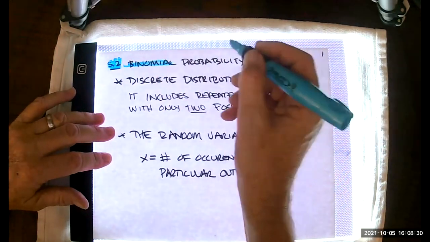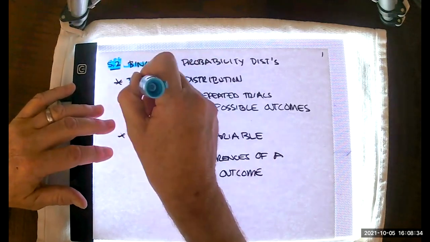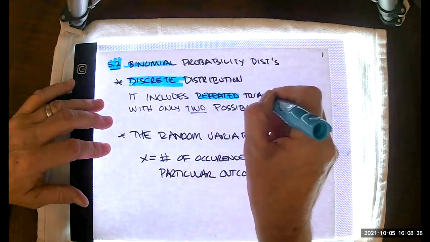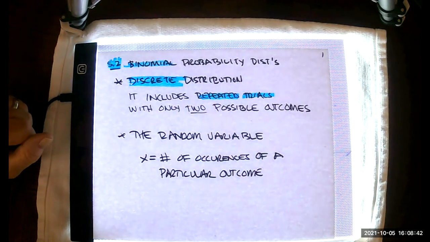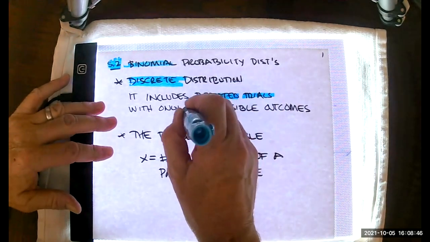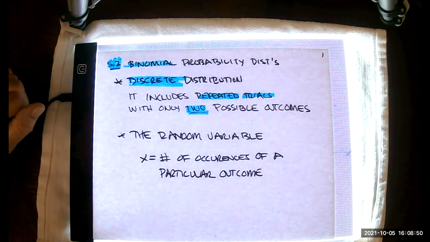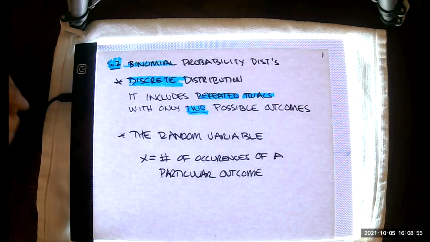The binomial probability distribution is for discrete random variables, and it includes repeated trials. So we'll be doing the same thing over and over and over again. And each one of those trials will have but two possible outcomes. This is why we call it a quote unquote binomial distribution.